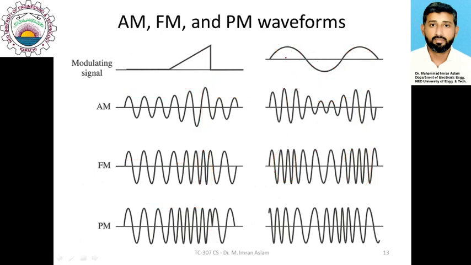Similarly, for phase, you can see that the high amplitudes correspond to the relatively higher phase, whereas the low amplitudes are represented by a relatively smaller value of the phase angle.